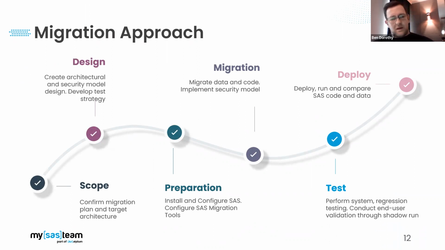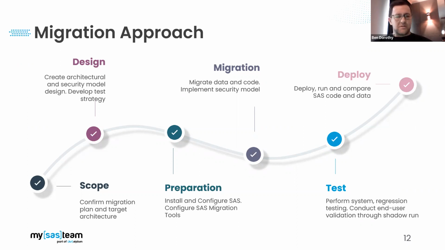We'd start with the scoping of the project, confirming what the scope of migration is, understanding what the client's existing infrastructure contains, and what is in scope to move to the new infrastructure. This work is done sometimes in partnership with SAS, and sometimes SAS lead this themselves. But this is a very important part of the process.